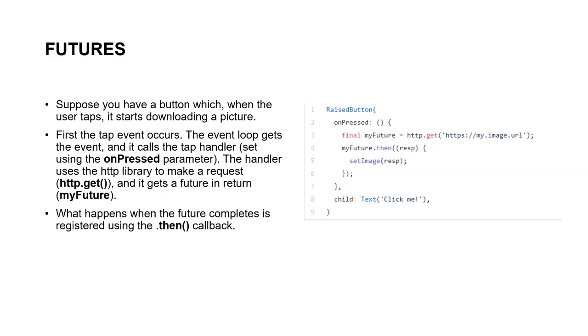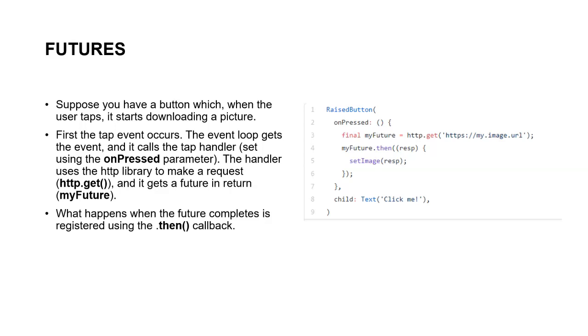As you can see from my snippet here, it returns a future from the network call. So you have just registered the future, and you know that this future will complete some time later. So what do I do when this future completes? Remember, this future can either complete with the image or it can complete with an error. So you need to handle that. To process what happens when the future returns, you register the .then callback.